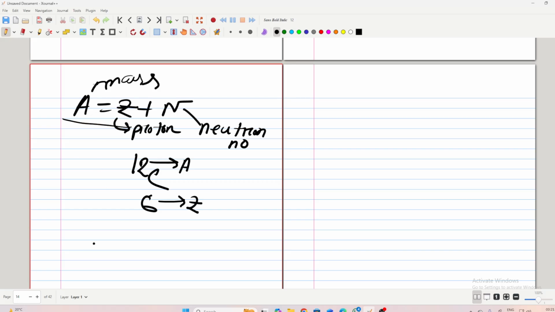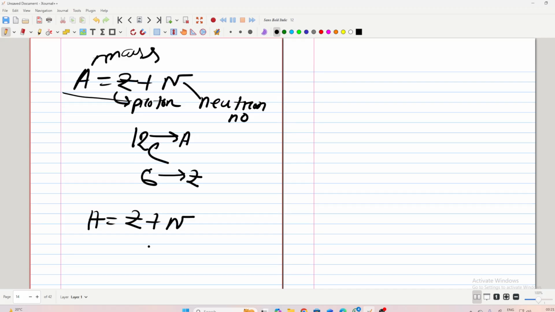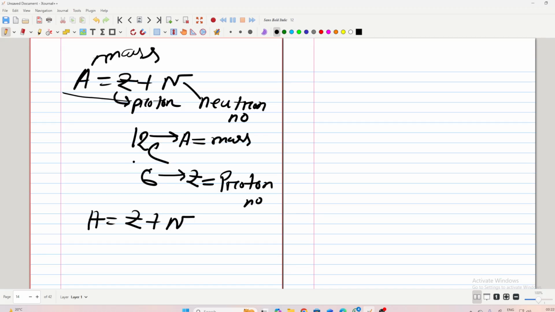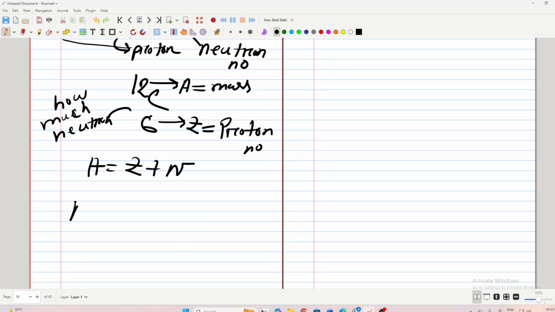From the formula A equals Z plus N, we can calculate neutron equals A minus Z.